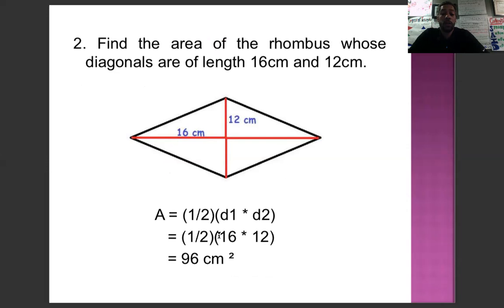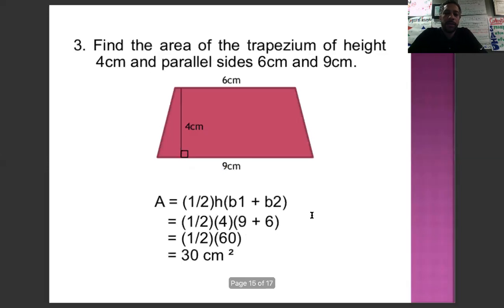So we're going to go for 1/2 of 16 times 12. 16 times 12 is 192. Divided by 2 gives us 96.